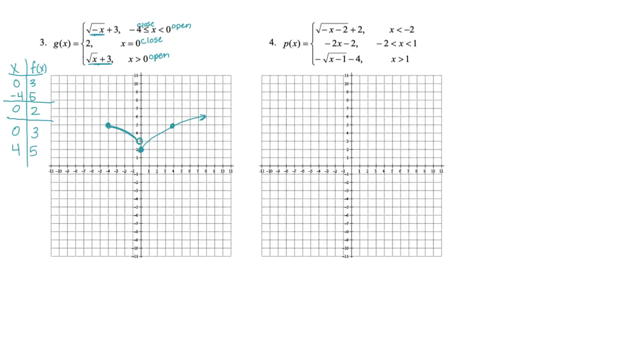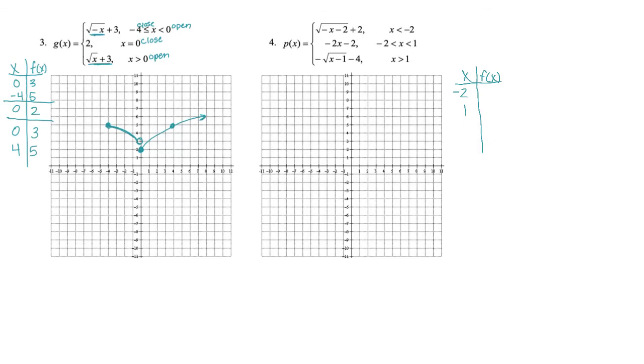All right. So now let's move on to our last one. Oh dear, that's a lot of numbers. Let's go ahead and do our t-chart. Maybe it won't be as bad as it looks. Alright, so we have negative 2 and positive 1 to deal with.